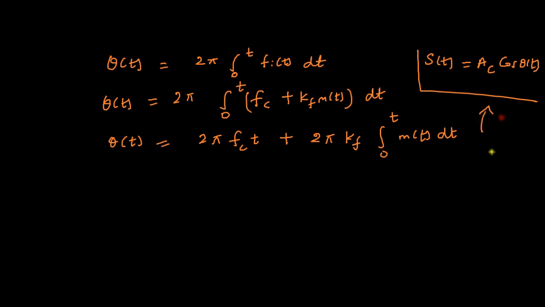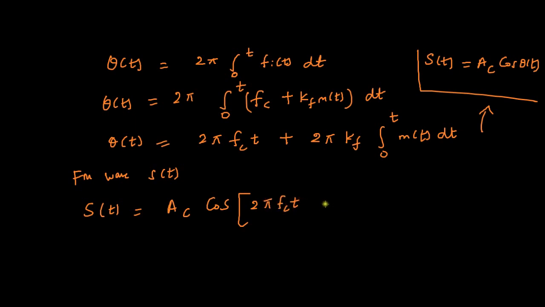So our frequency modulated wave S of t will be Ac cos of 2 pi fc t plus 2 pi Kf integral from 0 to t of m of t dt.